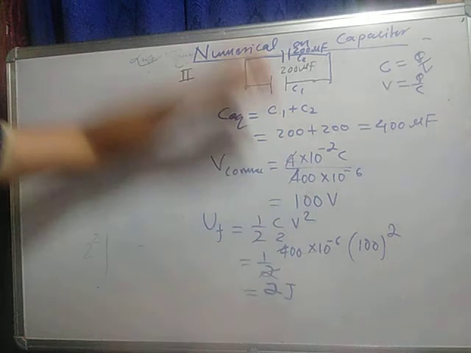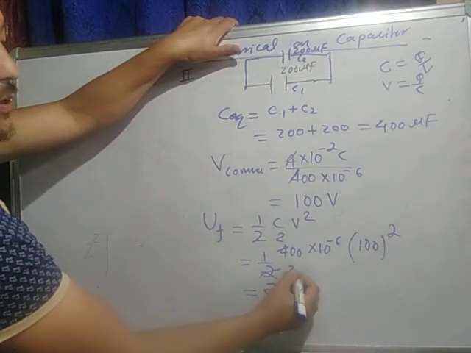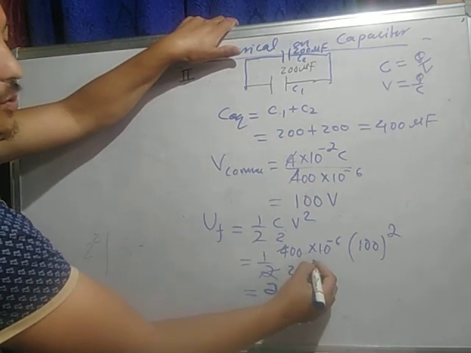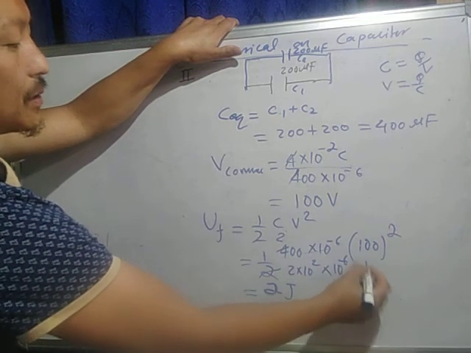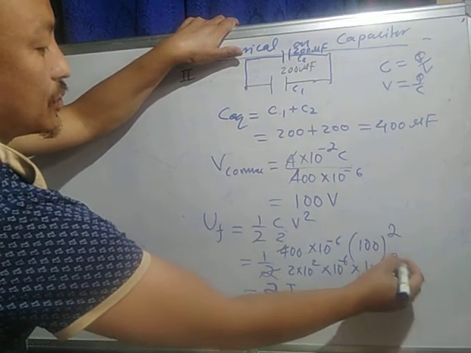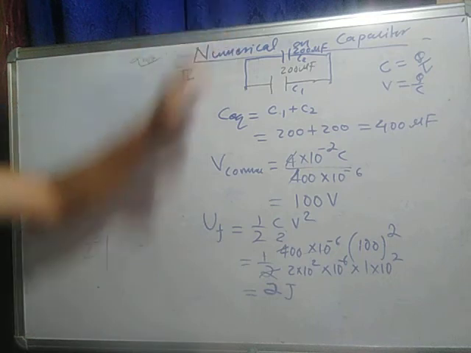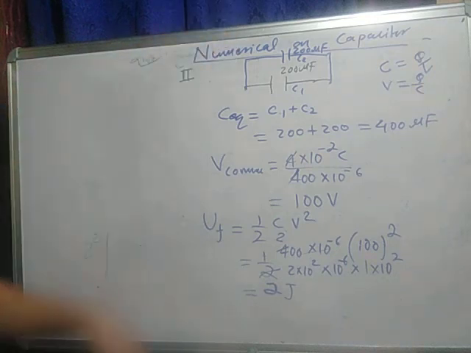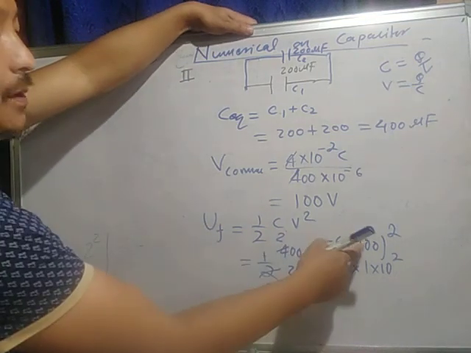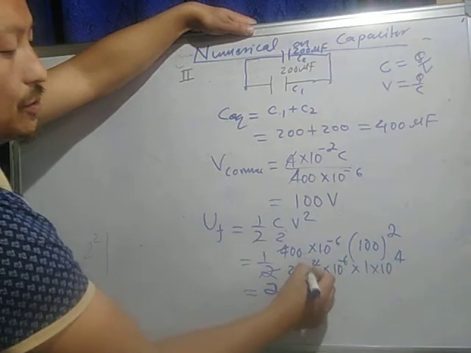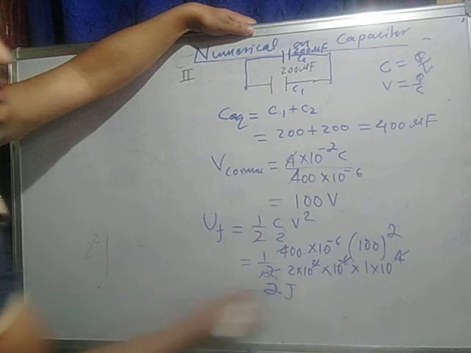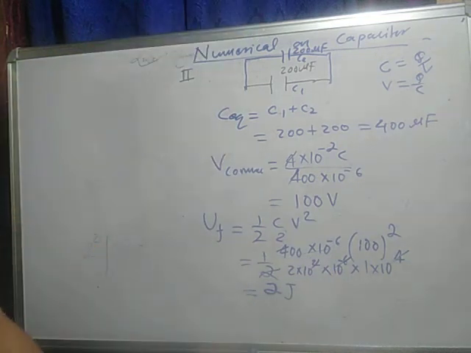Here how much is it? 2 into 10 to the power 2, into 10 to the power minus 6, into here how much? 1 into 10 to the power 2, isn't it? 2 times, so this would be 4, so 2 4s are 6, 6 cancel, so 2 joule.